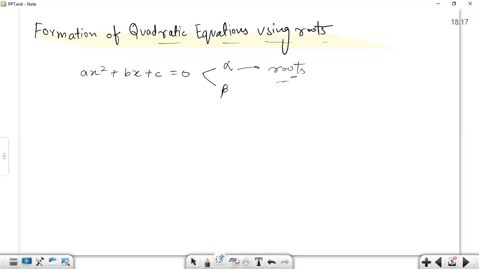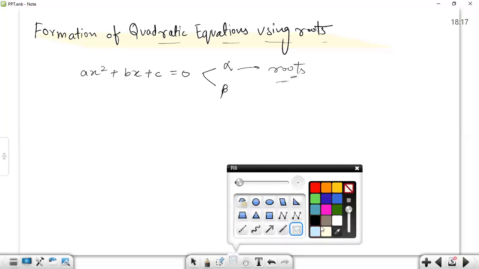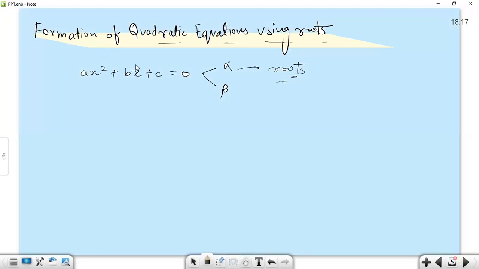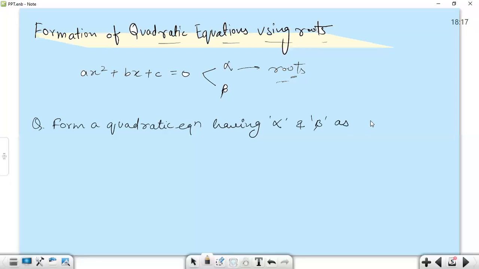Now let's discuss how we can form a quadratic equation if two roots are given. Let us say the question is: form a quadratic equation having alpha and beta as roots.